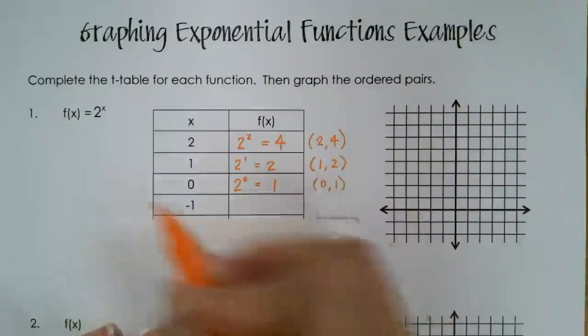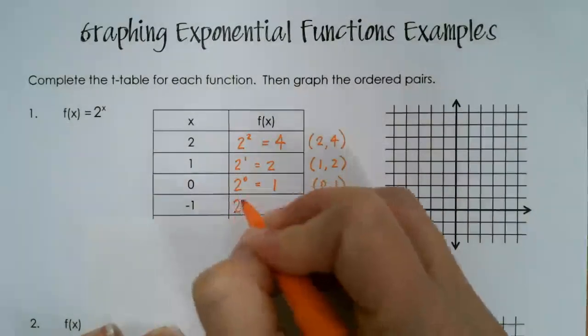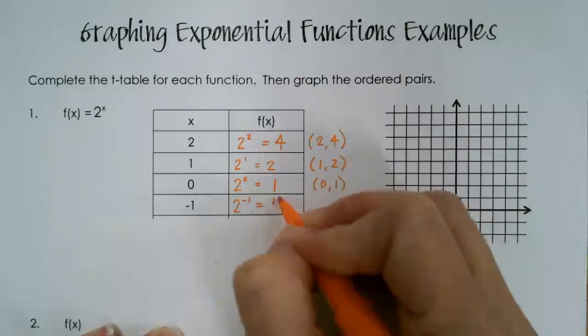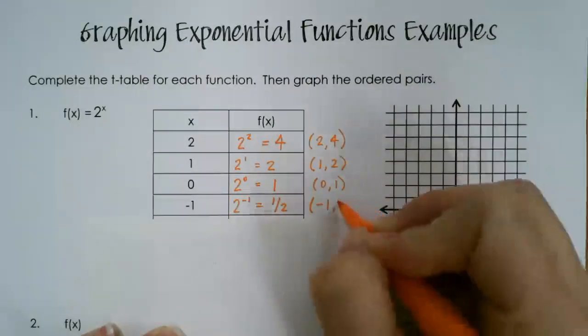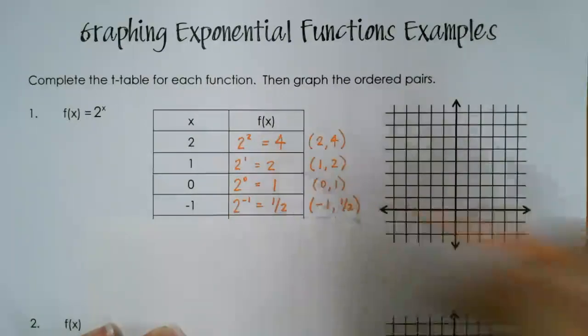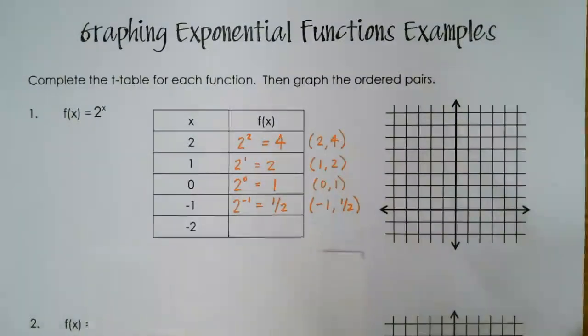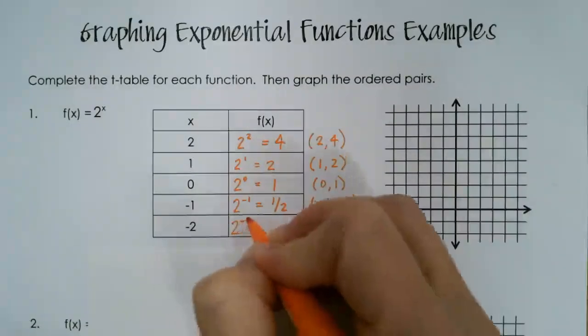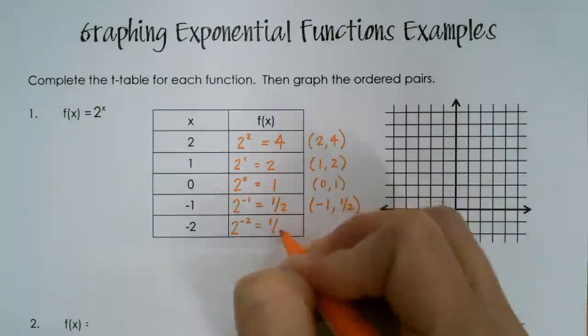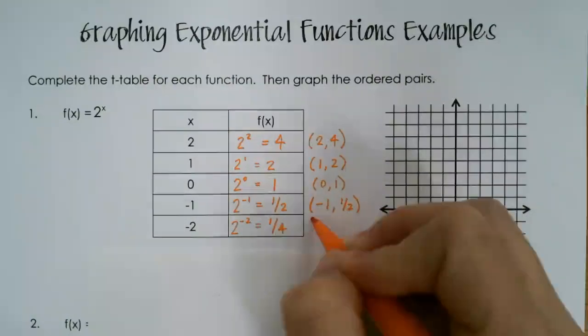If we fill in negative 1 in place of x, that's 2 to the negative first. That is 1/2. So the ordered pair is negative 1, 1/2. And then if we fill in negative 2 in place of the x, that's 2 to the negative second, which is 1/4.